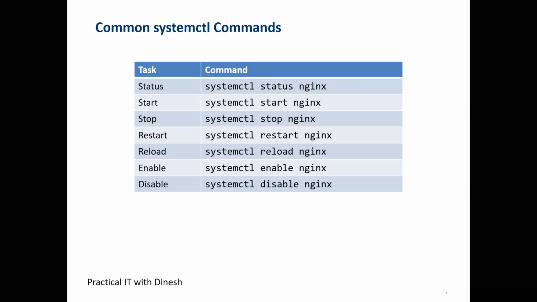These are common systemctl commands. Systemctl status nginx shows whether the service is currently running. Systemctl start nginx starts the service immediately. Systemctl stop nginx stops the service. Systemctl restart nginx stops and then starts the service again. You will often restart a service after changing its configuration.